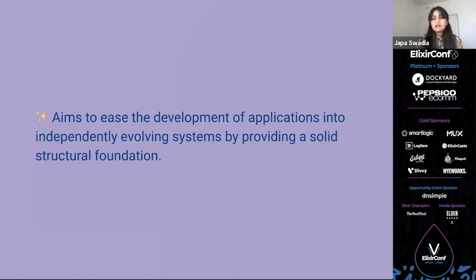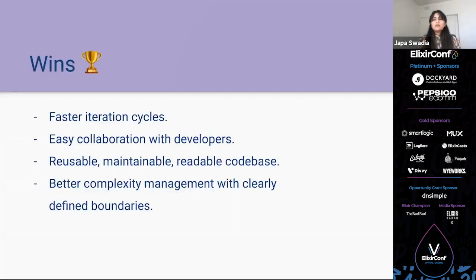And it also provides a great structural foundation to your application as it grows. Now, some of the wins of domain-driven design are faster iteration cycles, easy collaboration with other developers, reusable, maintainable, readable code base, and better management of complexity of the code base with clearly defined boundaries. And again, I'll show you how these all come into play when you actually implement code in Elixir.